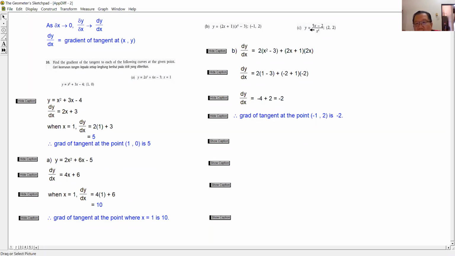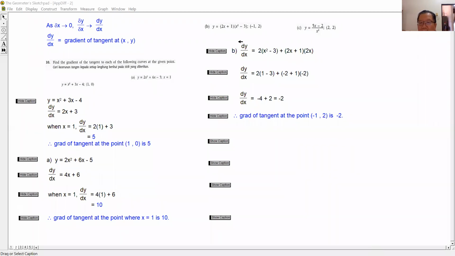Question C, you want me to go through the quotient rule with you? Yes or no? Revise quotient rule? Okay, Yes, sir, we revise quotient rule. The quotient rule is, I think a lot of participants are hiding their face. Only one. Okay, never mind.